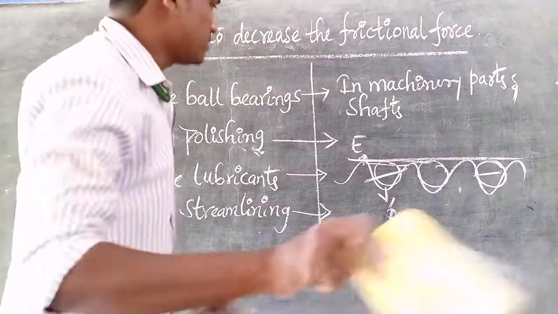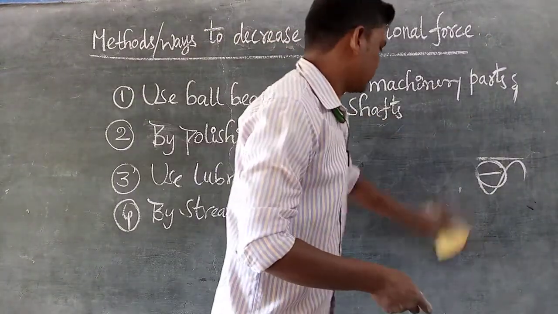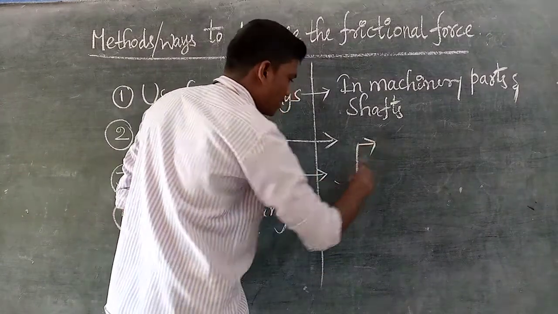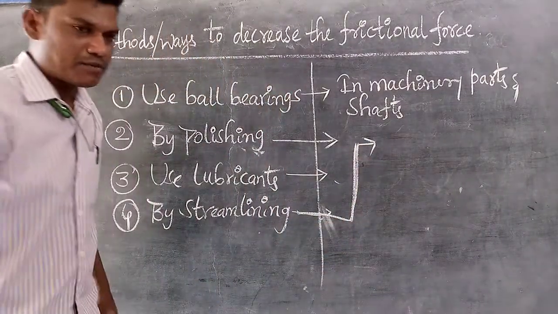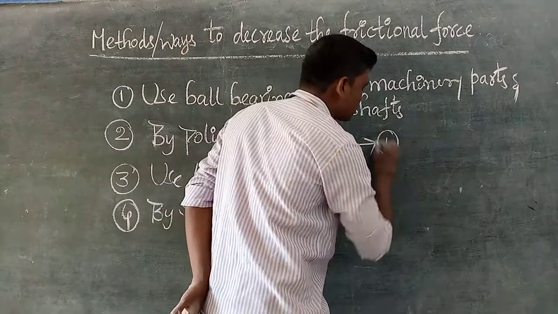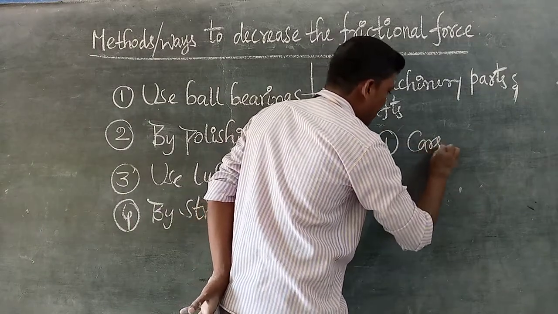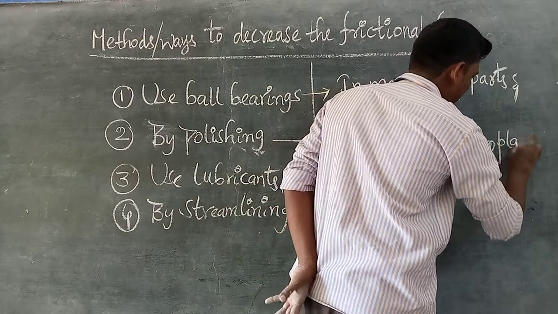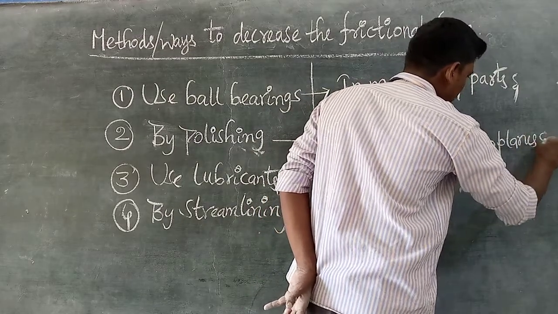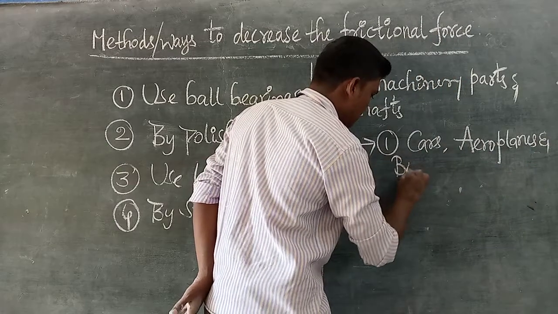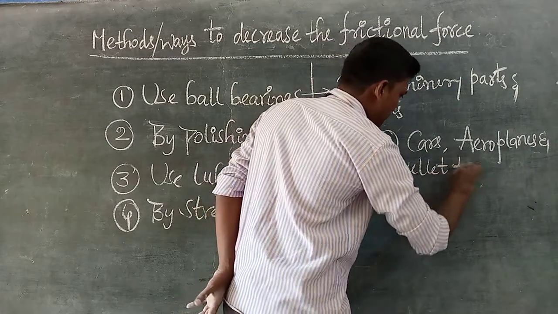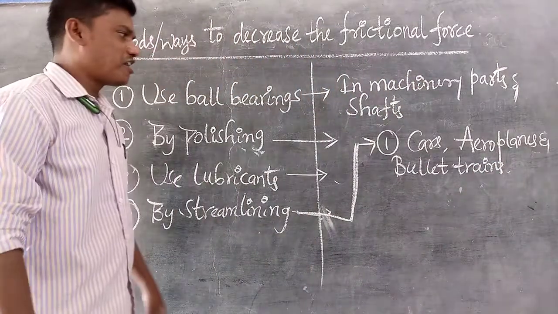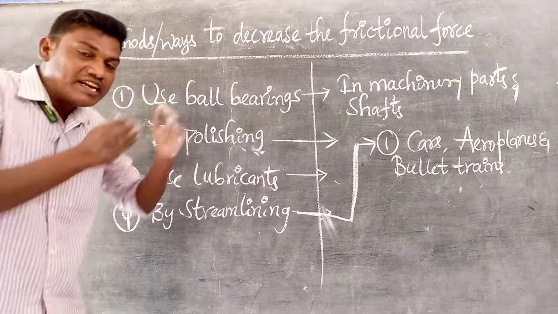So in streamlining, two cases are there. By streamlining, the first one is cars, aeroplanes and bullet trains. Cars, aeroplanes and bullet trains are specially designed.